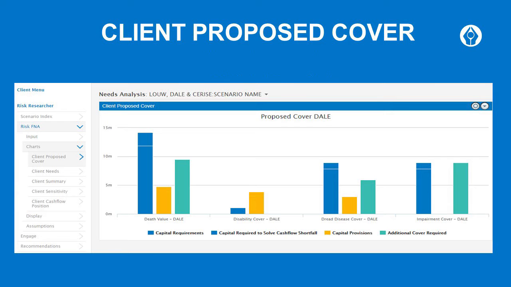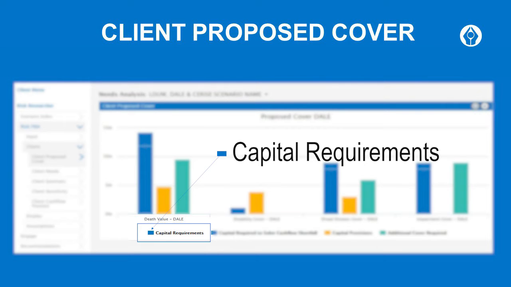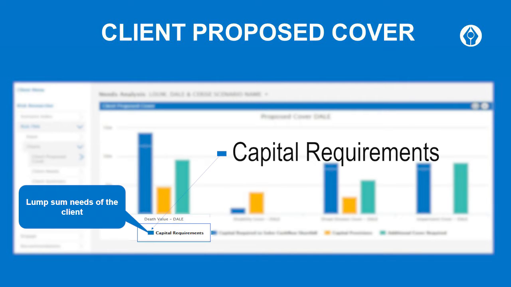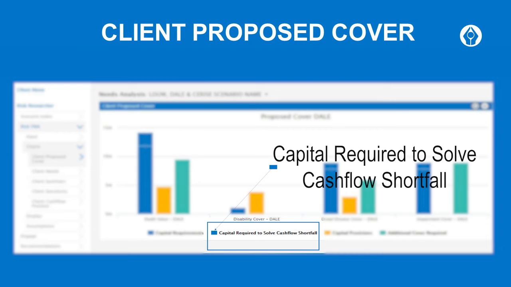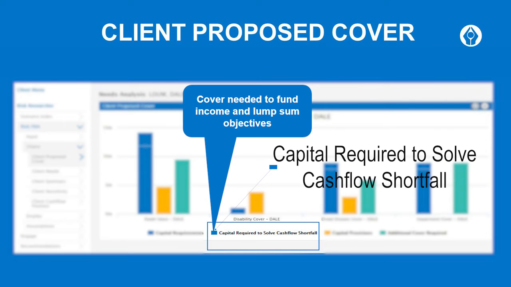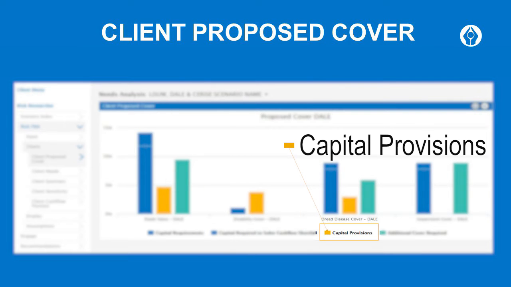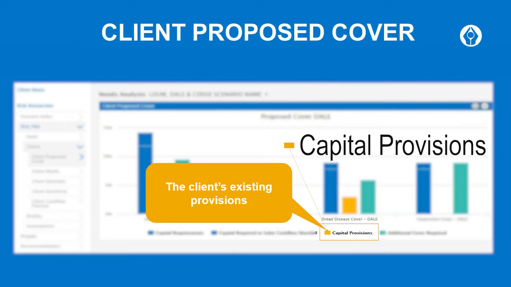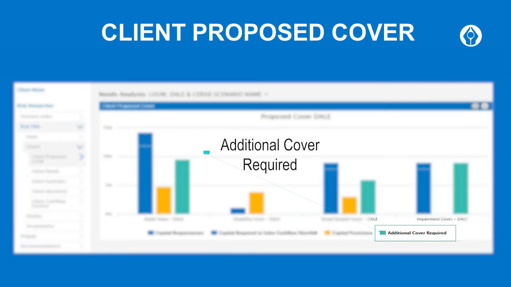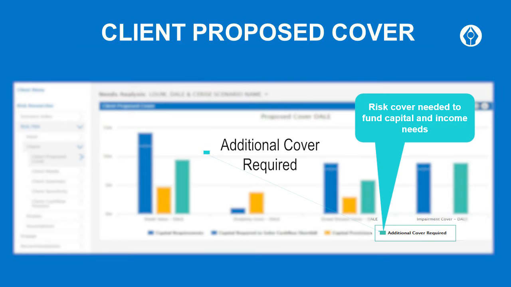Information displayed is as follows: capital requirements, which is the client's lump sum needs. Capital required to solve cash flow shortfall. This is the cover needed to fund income and lump sum objectives. Capital provisions, which is the client's existing provisions. And additional cover required, which is the risk cover needed to fund capital and income needs.